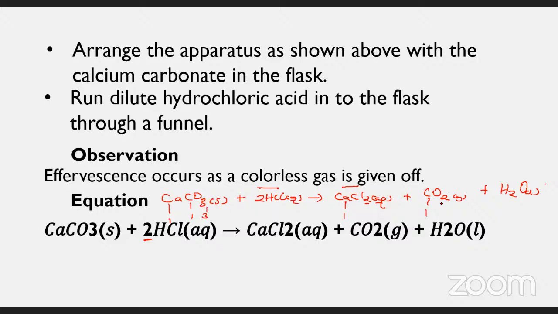This side we are having how many? We have 2 plus this 1, which gives us 3. So they're also balanced. Hydrogen, here we have 2. Then this side also has 2, it is balanced. And then for chlorine, it is also 2. It is 2 times this 1 here. So chlorine we have 2, and also here we have 2. So we find that the left-hand side is equal to the right-hand side. That is what we call a balanced equation.